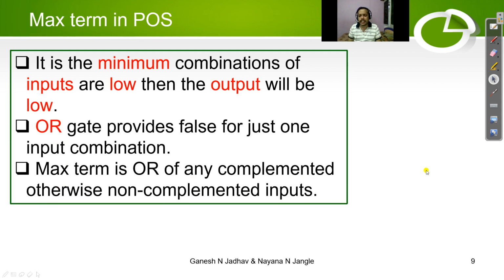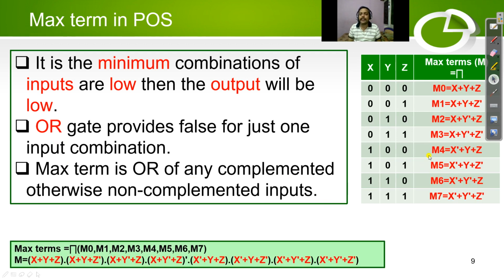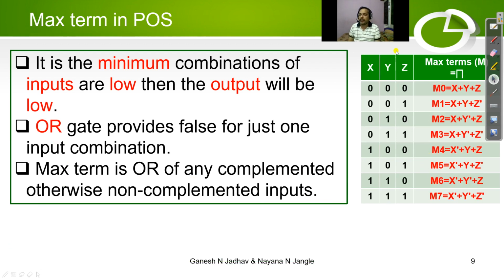Max terms are indicated by the capital letter M, and the pi symbol is used because we are going to take the product of the max terms at the end.